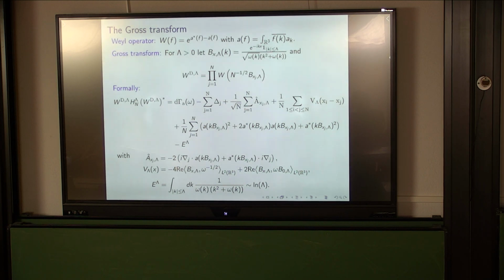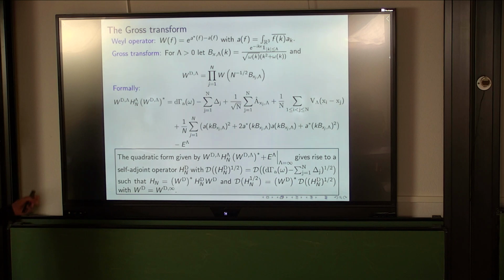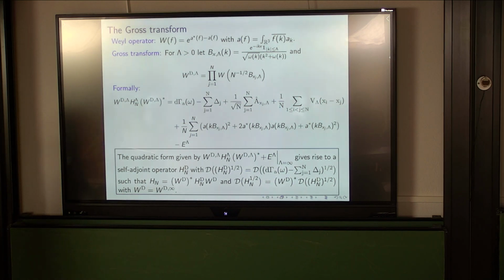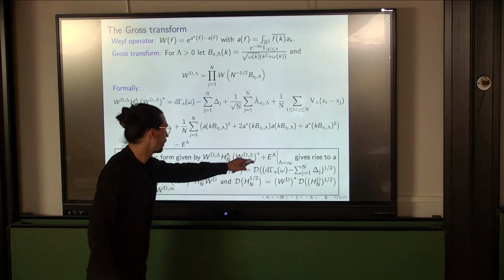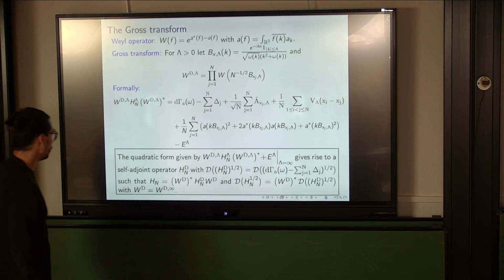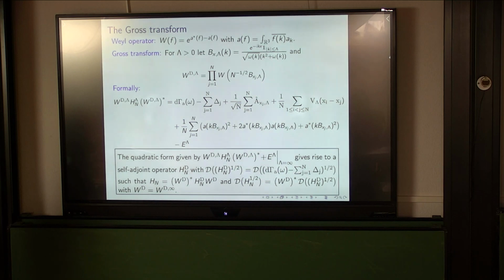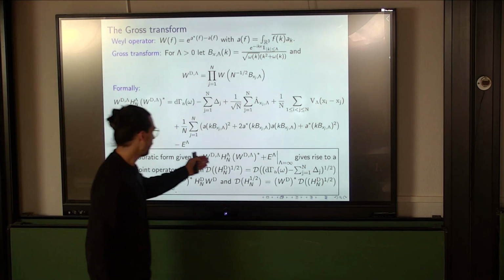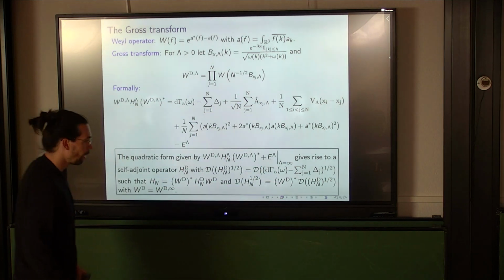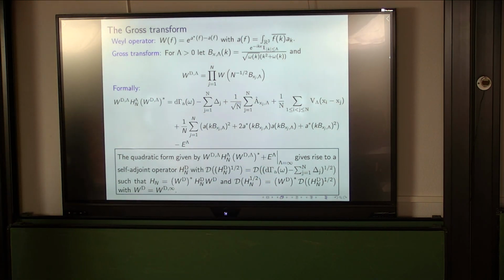And what one can do now is look at the right-hand side, subtract the negative constant, and then one can make sense of the right-hand side as a quadratic form, which is bounded from below. This gives rise to a self-adjoint operator whose form domain is the same as the form domain of the non-interacting Hamiltonian.